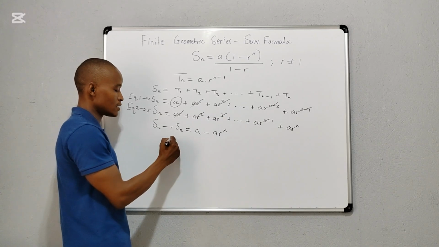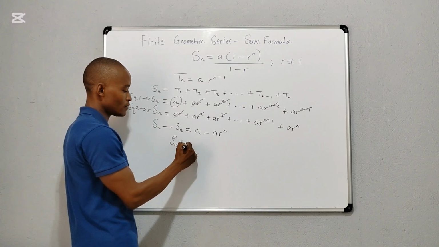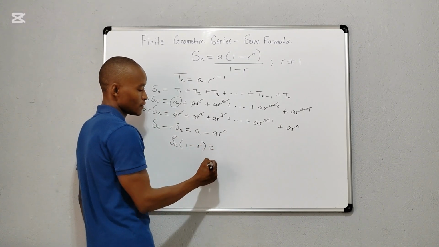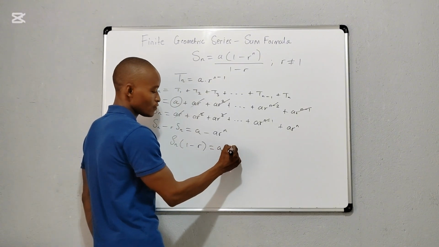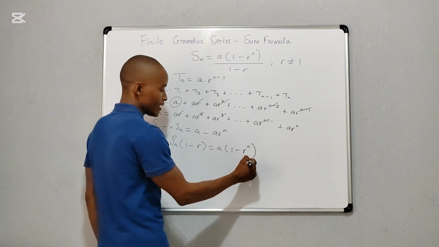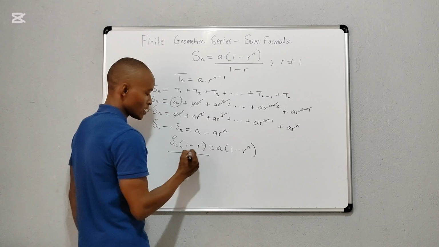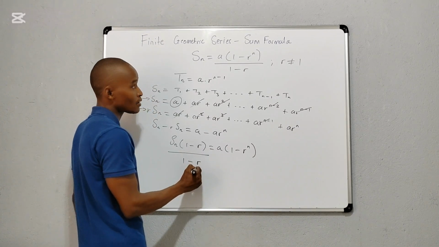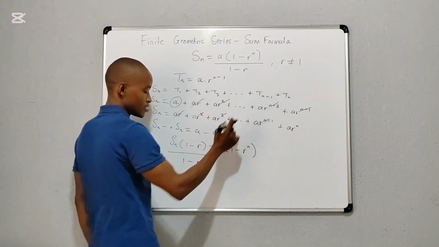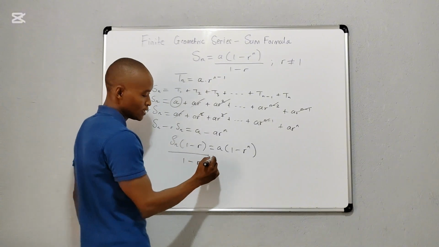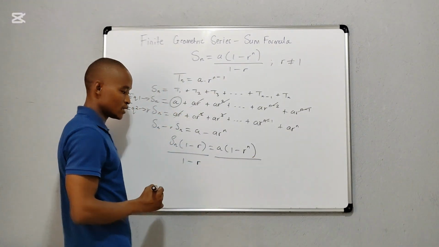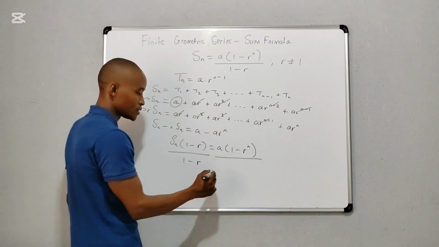By factorization here of Sn, we have 1 minus r. Factorize a, we have 1 minus r to the power n. Division both sides by 1 minus r. We can do that. There's a restriction on r, it's not equal to 1, so division by 0 is definitely not likely to happen.